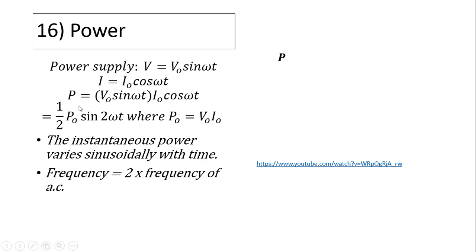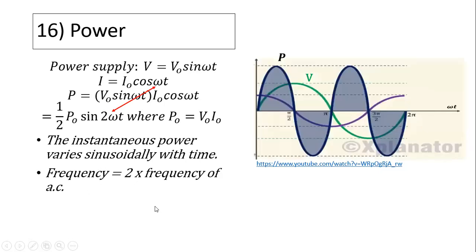This equation tells us that the power is not constant. It varies sinusoidally, so it's a sine graph also. Remember, omega becomes 2 omega, that's why we get this equation. That's how the graph looks. This is your current. The green one is your voltage, how it varies with time. And that's how your power varies with time.